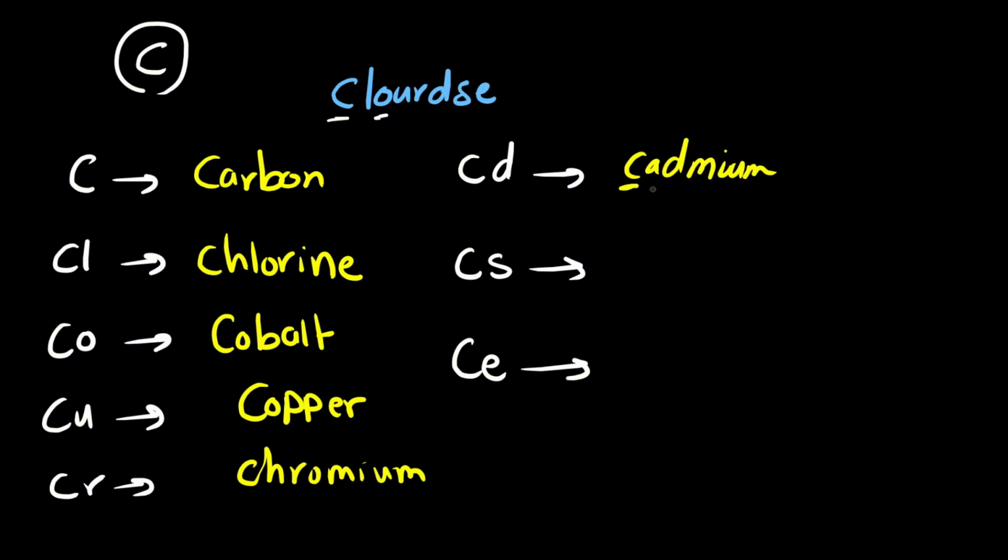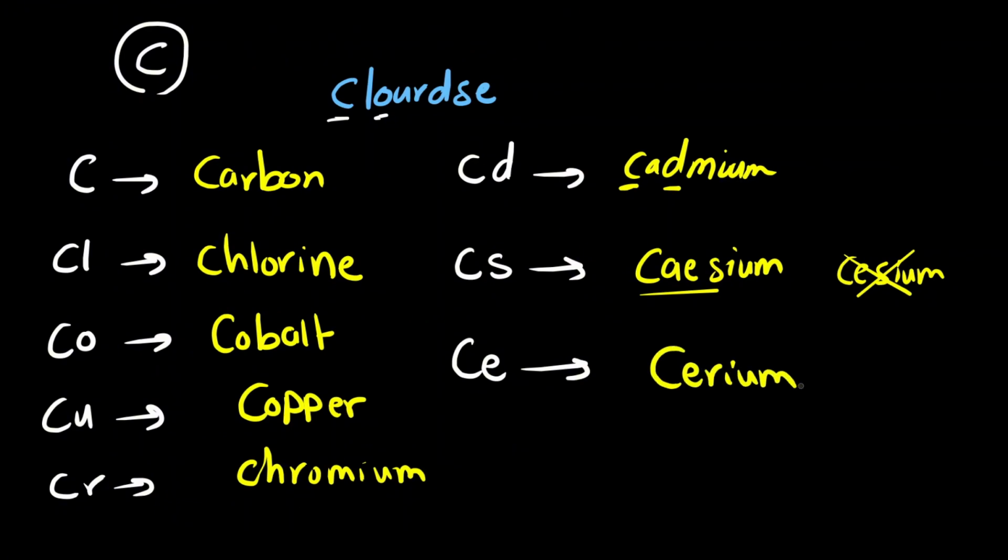As you can see, it has the C and D, so it's cadmium. And Cs is cesium. Be careful because cesium is not written like that. It has to be that way. This is the correct spelling of cesium, C-A-E. And the last one, Ce, is the element cerium.